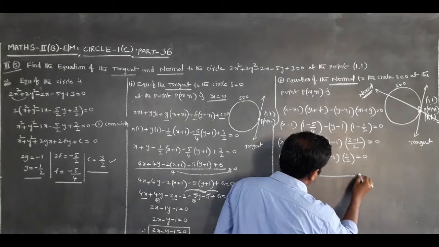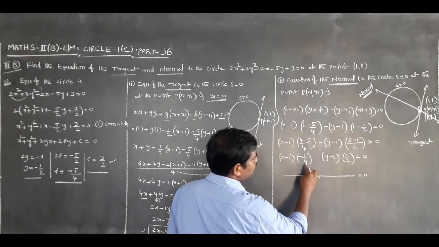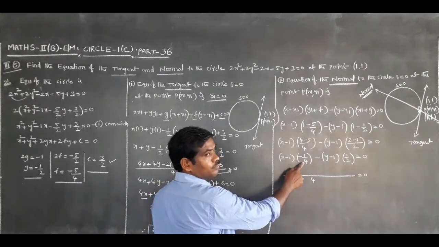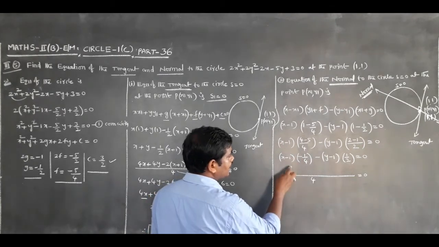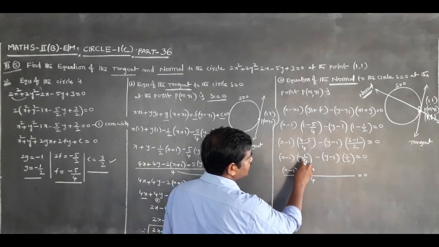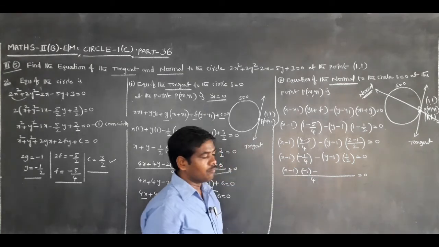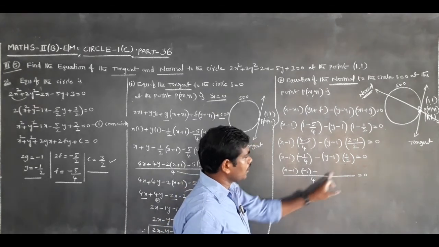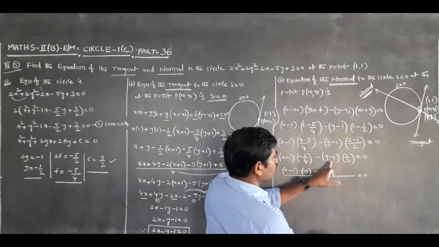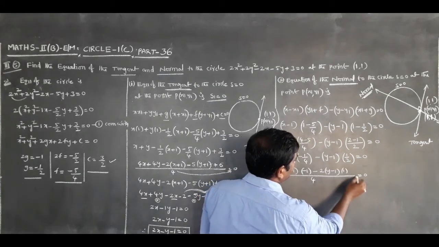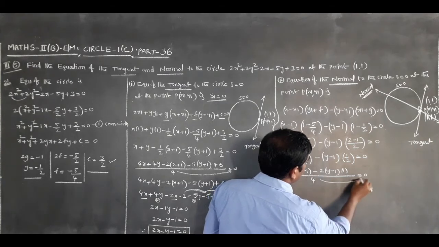Again here taking LCM 4, 4 divided by 4 is 1, into (x minus 1), (x minus 1) into minus 1, minus 4 divided by 2 is 2, into (y minus 1) into 1 is equal to 0.